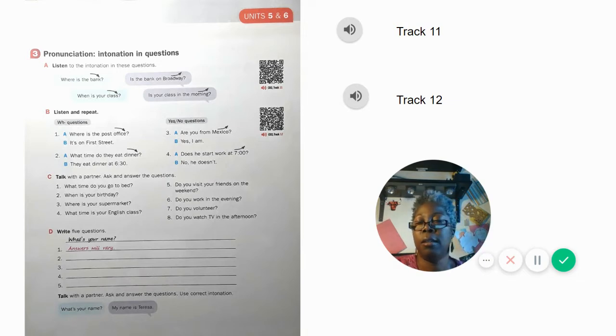WH questions. 1. Where is the post office? It's on First Street. 2. What time do they eat dinner? They eat dinner at 6:30.